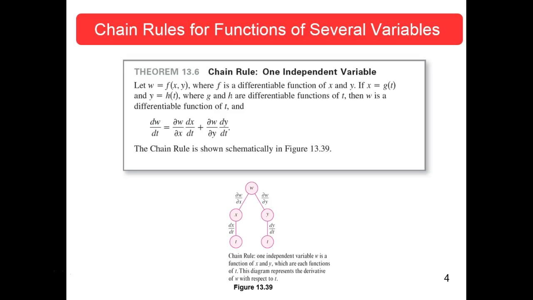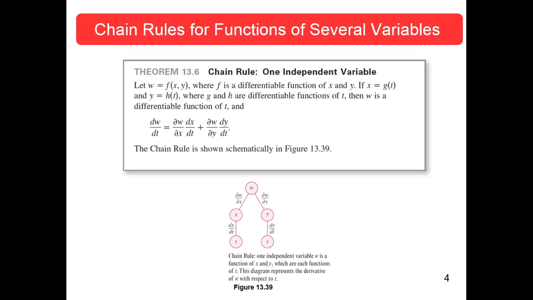And y is a function h of t. So those are both dependent variables of the independent variable t, where both g and h are differentiable functions of this new variable t. Then w is a differentiable function of t as well, and here's how you do it.